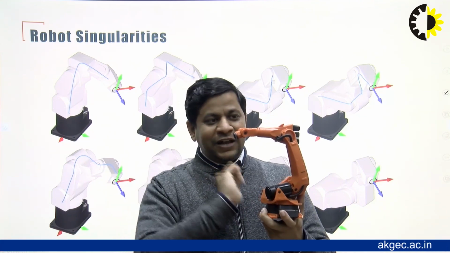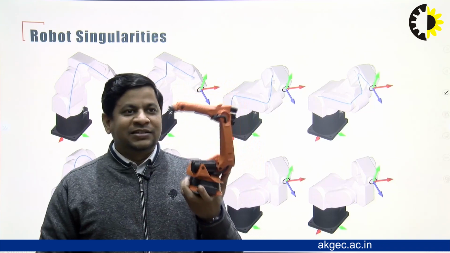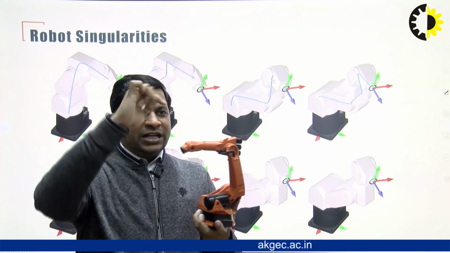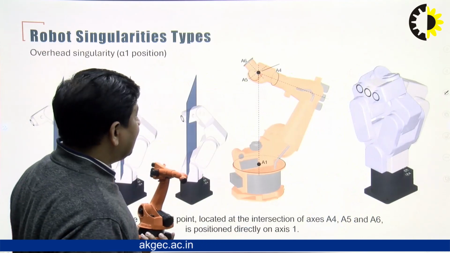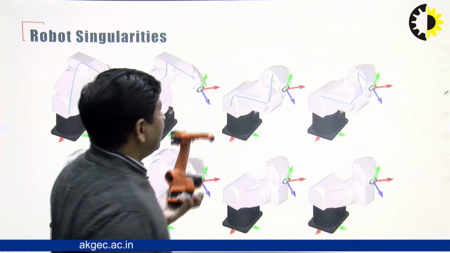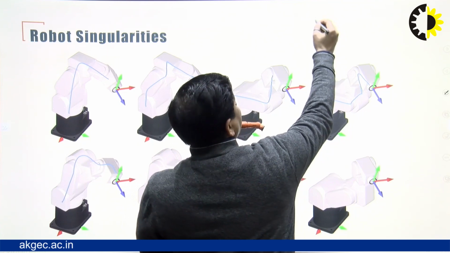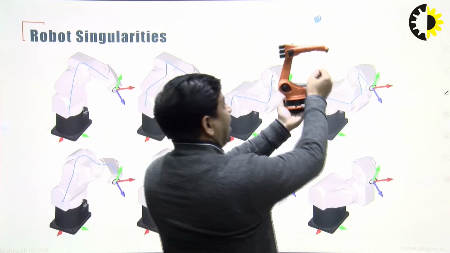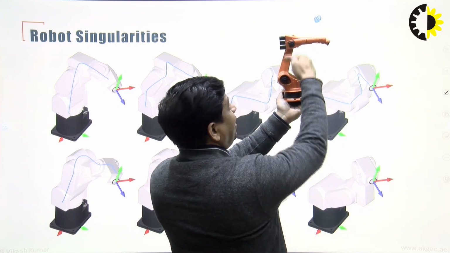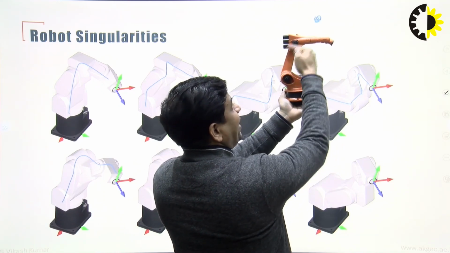So this is a flange plate. So all these 6 axes. Suppose I have to reach here, just focus on the slide. Here, suppose this is my target, and I am going to place this robot like this. So these are the current joint angles.